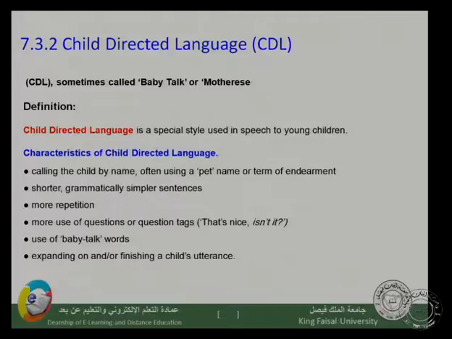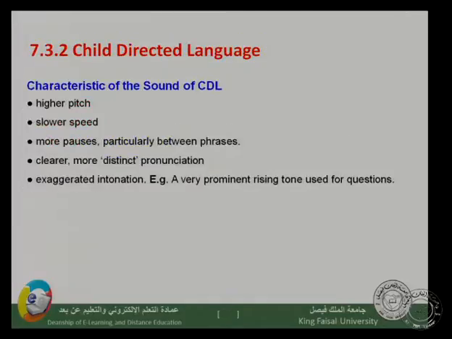So those are some of the characteristics of the child-directed language that we use when we make conversation with little children.